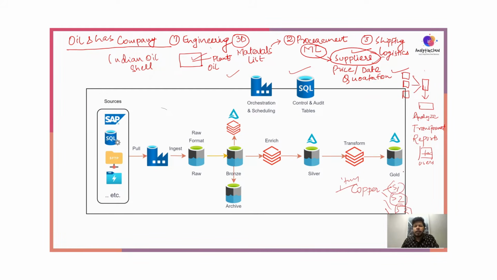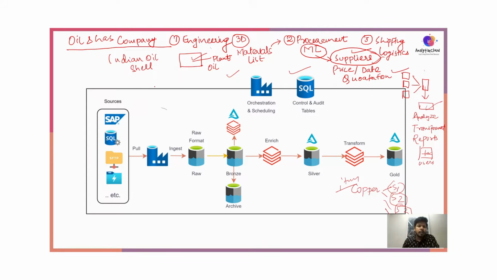So any kind of data that we can get from this single source of truth that we have put together, we can analyze it and build any kind of report to get all this kind of information, right? So that's basically the end-to-end process of a supply chain in an oil and gas industry company.